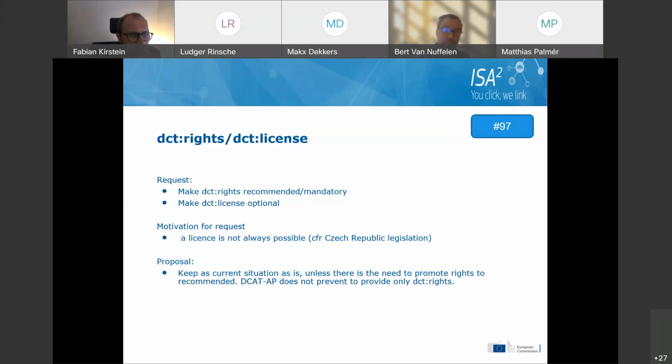Why? Because at this moment license is not mandatory, it is recommended, so you can use rights to express your legal context and be compliant thus with DCAT-AP.